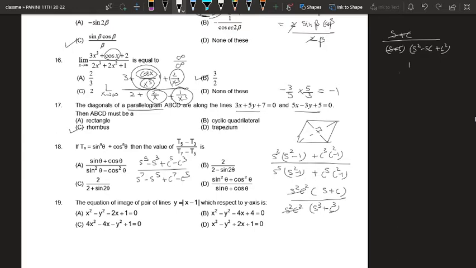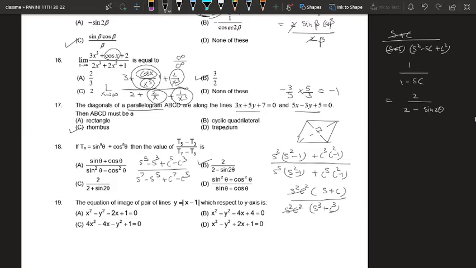This is 1 over 1 minus sc, which is 2 over 2 minus sine 2 theta. That's the answer.